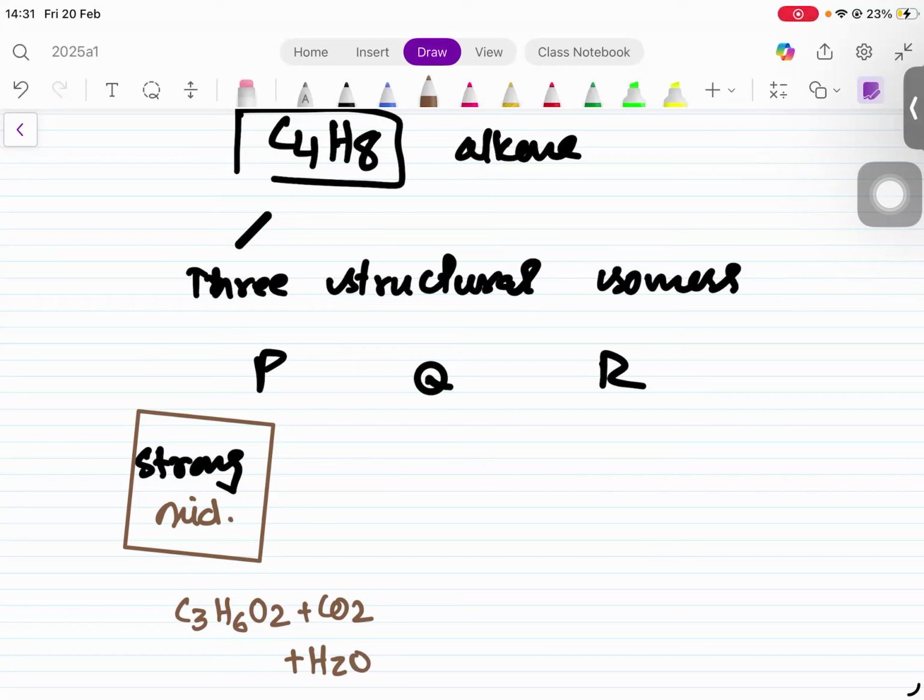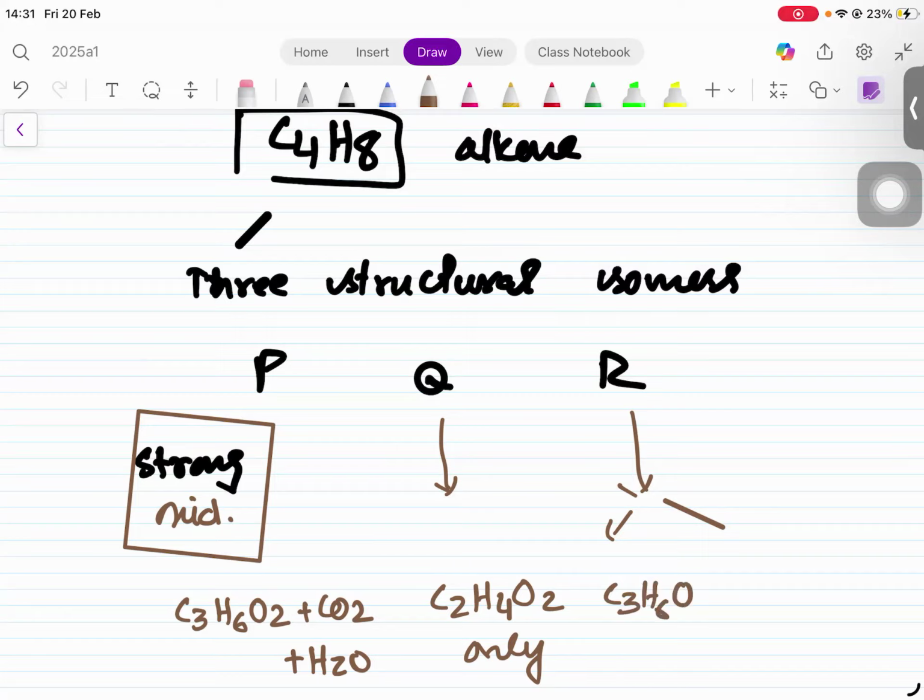Q gives C2H4O2 only, and R gives C3H6O, carbon dioxide, and water. The last one is cyclic.